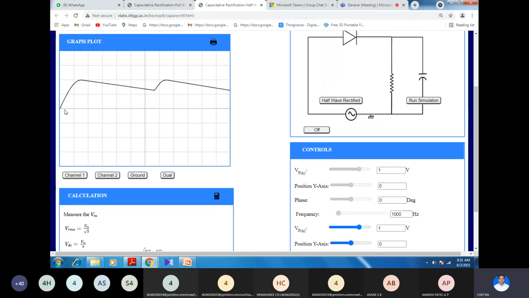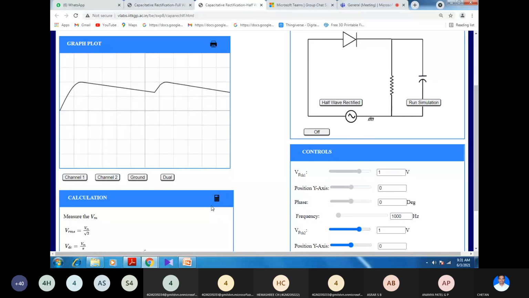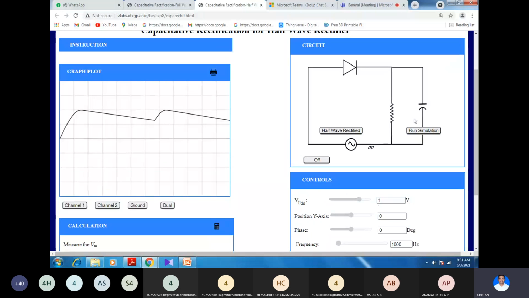Here you can see that the amount of ripples, or the AC content, is reduced, and this is nearly equal to a straight line, almost, right? And these are some of the formulas, right? I hope this capacitor filter is very well understood. This is a half wave rectifier with capacitor filter, also called a peak rectifier.